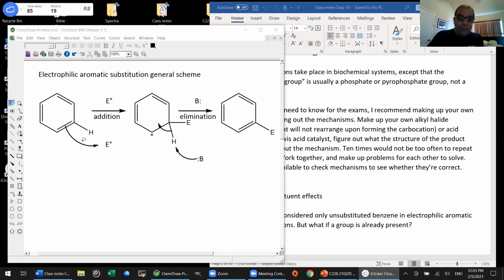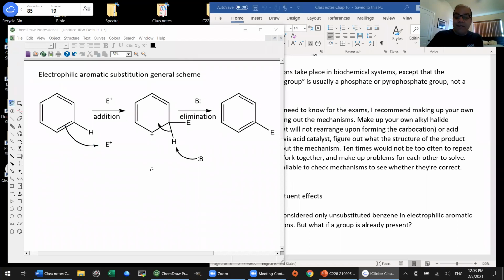In fact, the first step looks just like what an alkene does when you treat it with an electrophile. You'll have pi electrons from benzene coming out and attacking some electrophile. And like I said, we'll have 4, 5, 6 different possibilities for what E plus is. And so you'll get this carbocation intermediate.